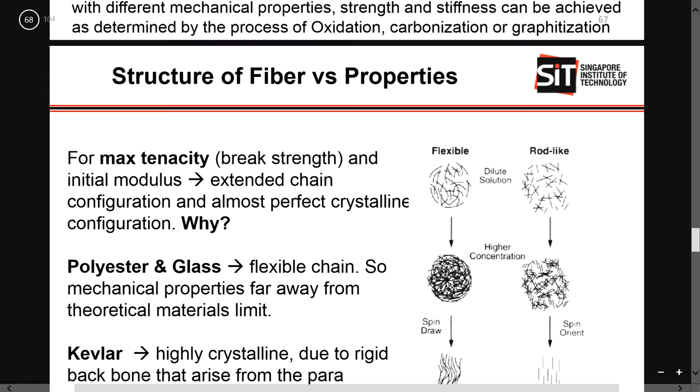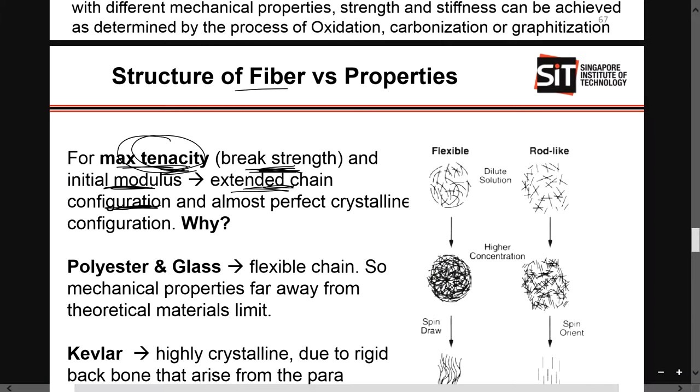Okay, knowing a bit about the fibers, let's talk about the structure of fibers. Just take note that the max tenacity is the maximum break strength, or the maximum strength that you want. In order to have this high strength and initial modulus, one way is to have extended chain configurations.